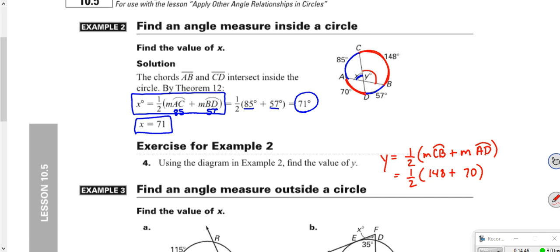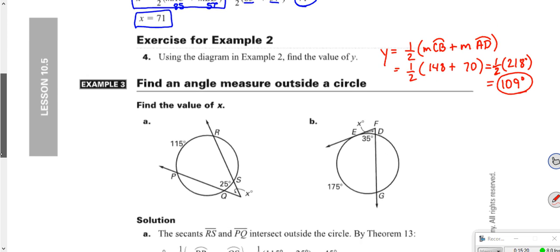Well, 148 plus 70 is what? Sorry, 218. So 1/2 of that equals 109. Okay, so y is 109. Hope you guys see that.